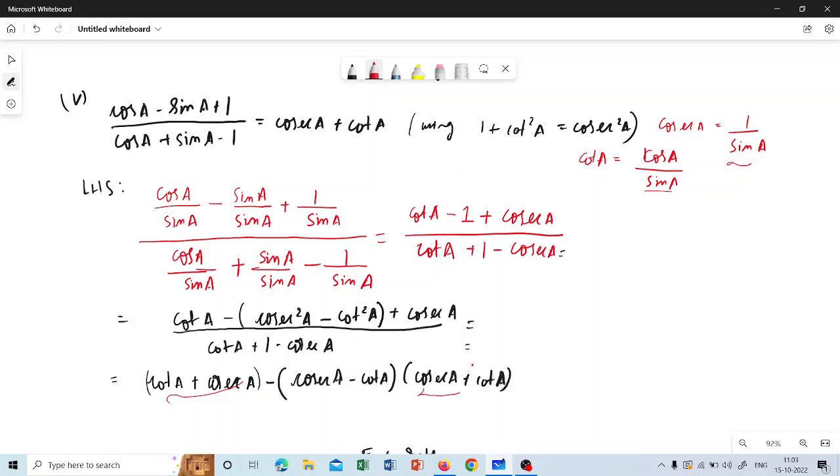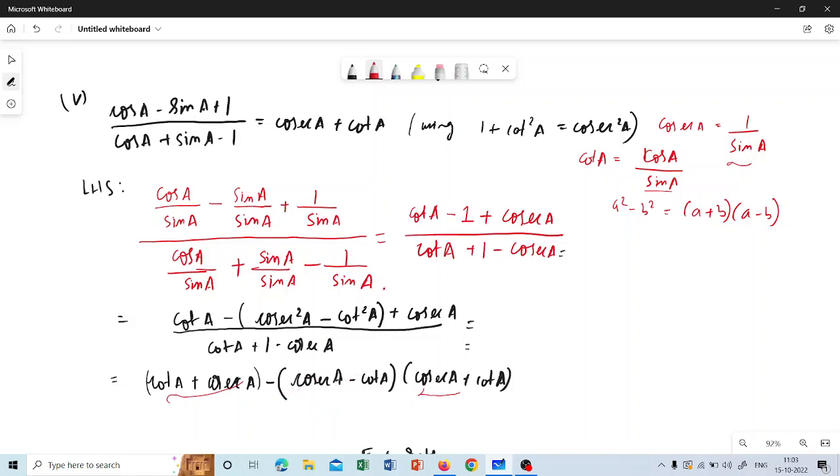Isn't it something which you didn't expect? Definitely you would not have expected that if you use a simple identity. Again, this is a very simple identity: a square minus b square is equal to a plus b into a minus b. Using this simple identity, this problem now looks much simpler.